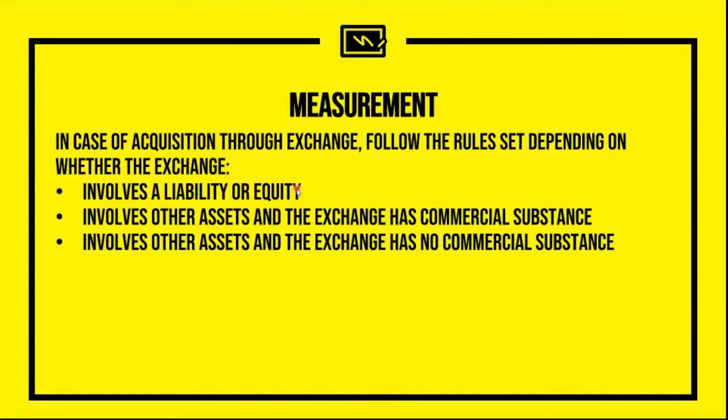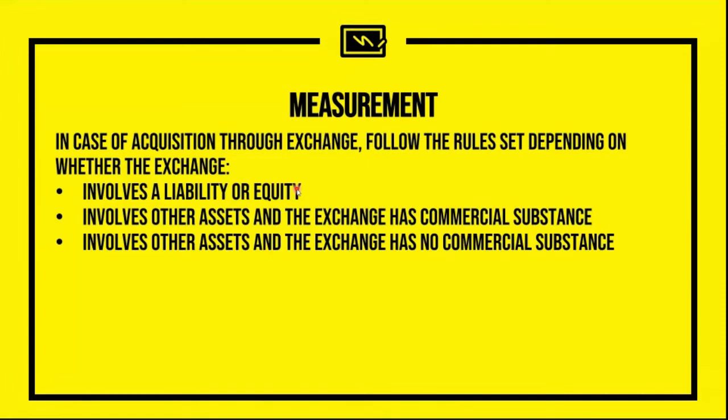It is either you're going to get the fair value of the investment property or the fair value of the equity instrument that you issued. Of course, you're going to carry the amount that is more clearly determinable or more reliably measured. Like, let's say for example, there is the fair value of the investment property and there is also the fair value of the equity.